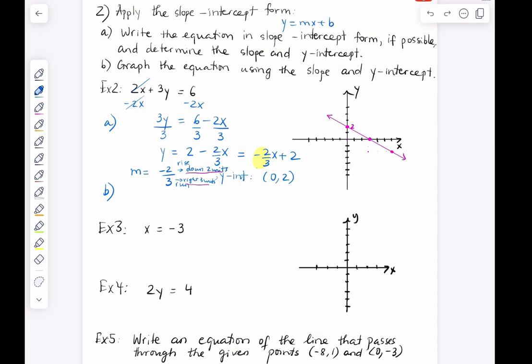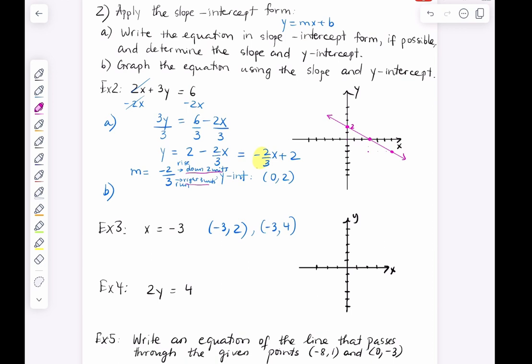So with x equals negative 3, what it means is x is always going to be negative 3 no matter what y is. So you can pick any points that you want as long as x is negative 3. I could do (-3, 2). I just make up the value for y. And next point could be (-3, 4). Okay, so let's plot these 2 points.